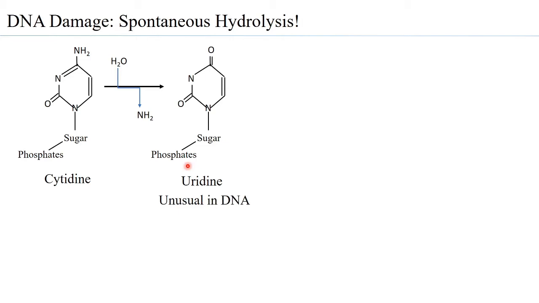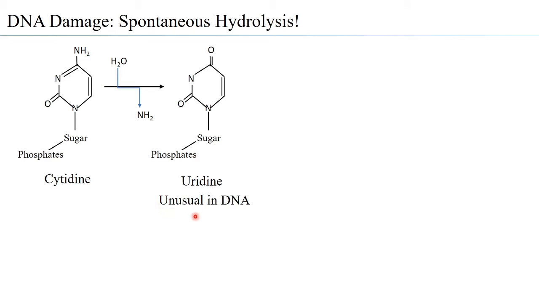What is usual in DNA is thymidine. And in fact, probably that is the reason why the DNA has adopted thymidine in its structure rather than uridine. Because a naturally present cytidine, if due to deamination it gets converted to uridine, then this uridine in the DNA will be considered to be unusual.